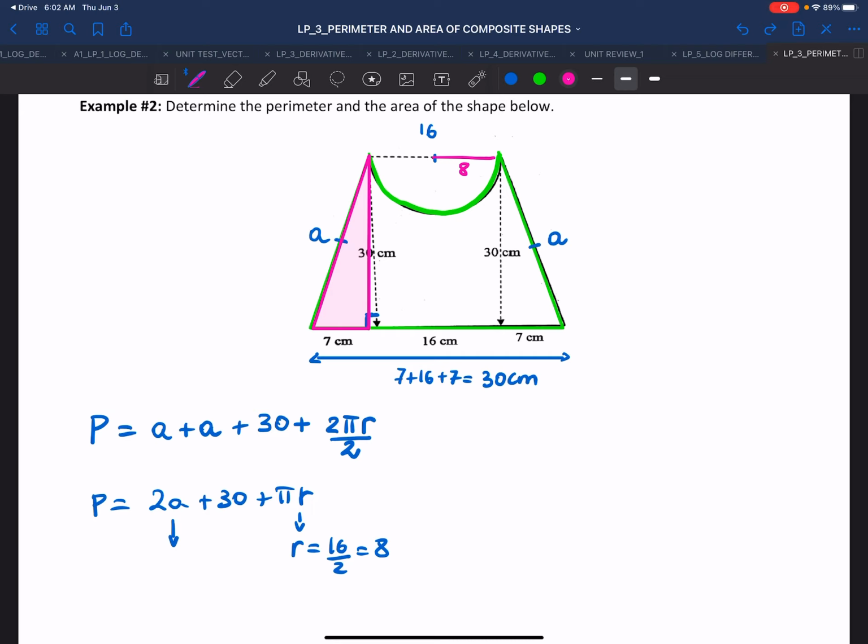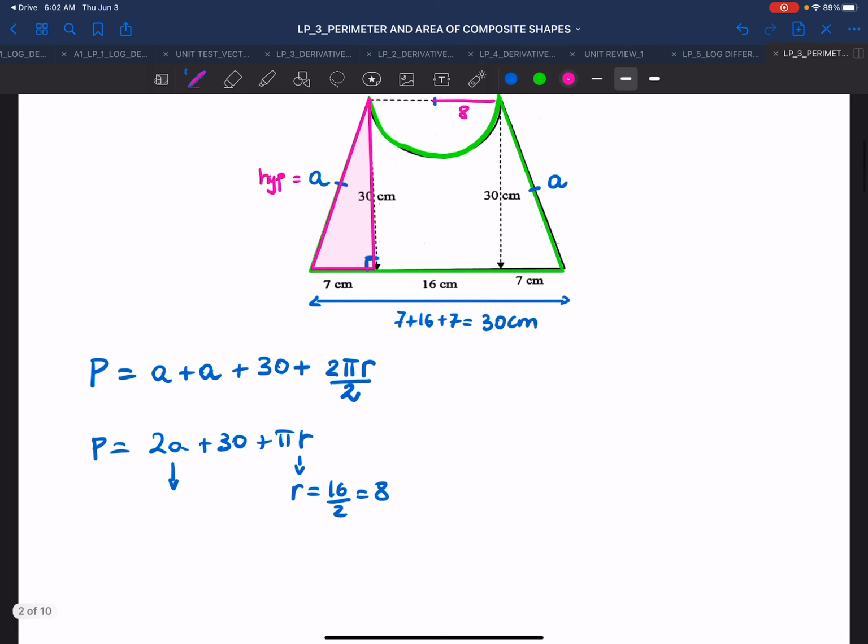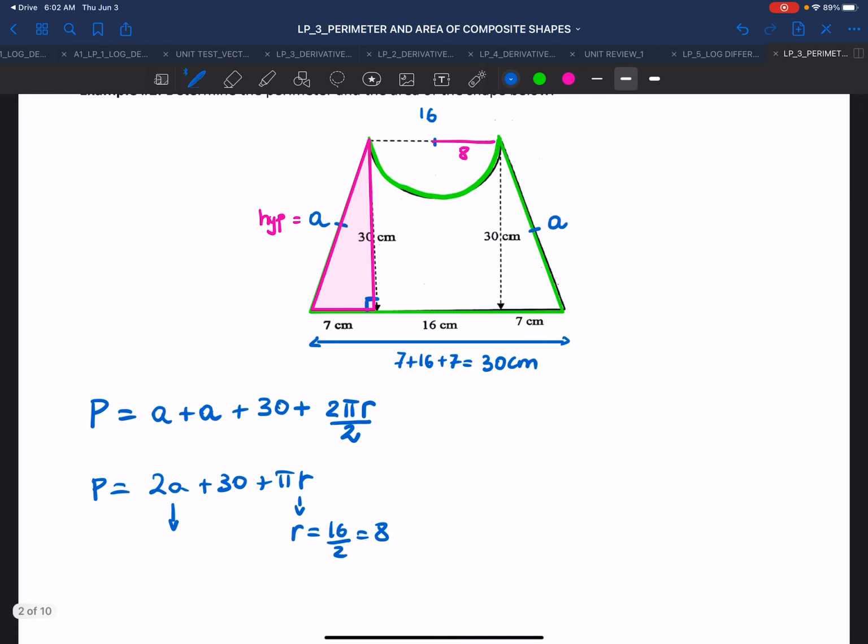I really don't like how I drew this particular triangle. Let me try to do a better job here. Okay, and with a being a hypotenuse, then we can say that a squared equals 30 squared plus 7 squared, or 900 plus 49, which is 949.